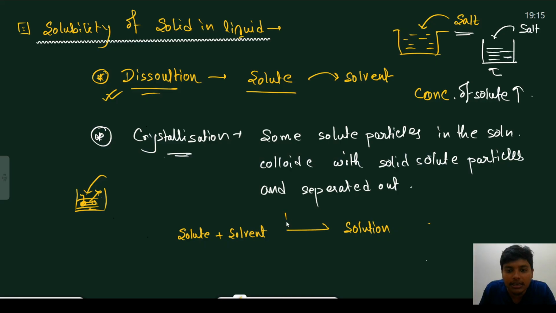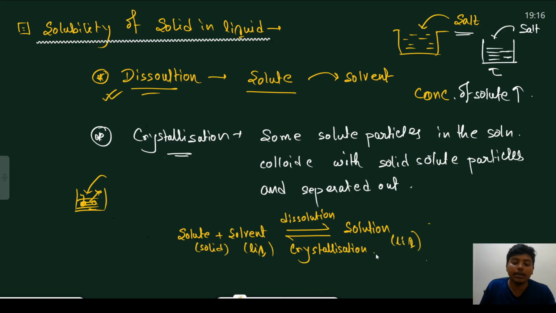This process is known as dissolution. And when you come back from solution to solute and solvent, this process is known as crystallization. Any doubt here? And here solute particles are solid and solvent is liquid. So obviously the solution should be a liquid solution. Clear or not?